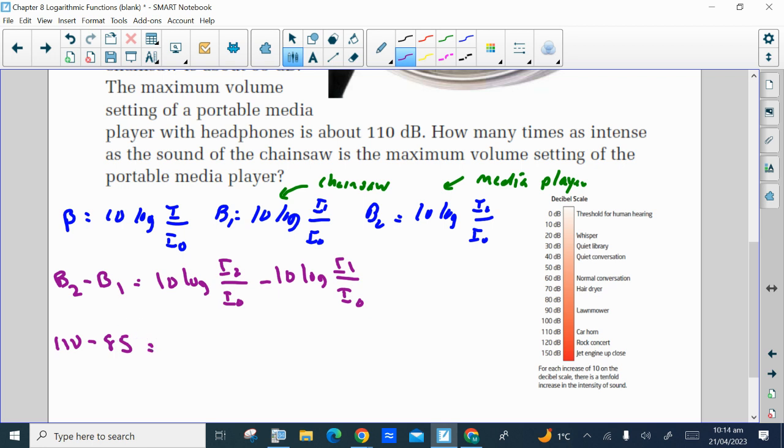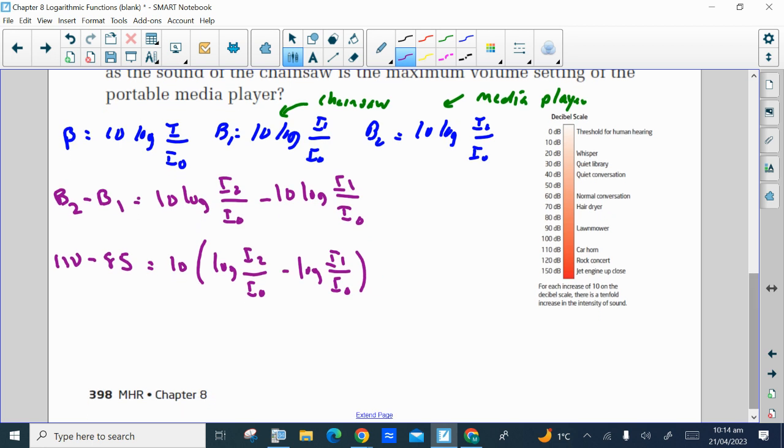And on the right side, what I'm going to do next is take out a common factor of 10, which will give us log of I sub 2 over I sub 0 minus log of I sub 1 over I sub 0. So on the left side, 110 minus 85 is 25, and that will equal 10.